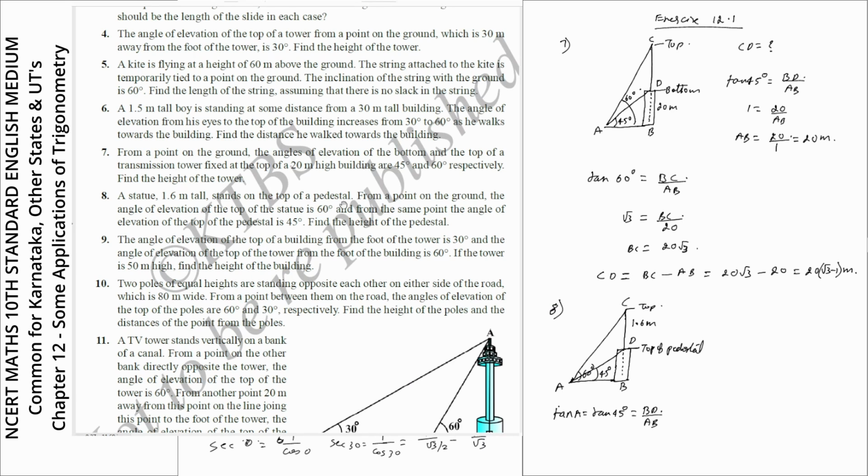So what is tan of 45 degree? Tan of 45 degree, you can see the chart, is 1. So 1 is equal to BD by AB, or AB is equal to BD. Okay, I'll mark this as 1, I'll keep it as it is.